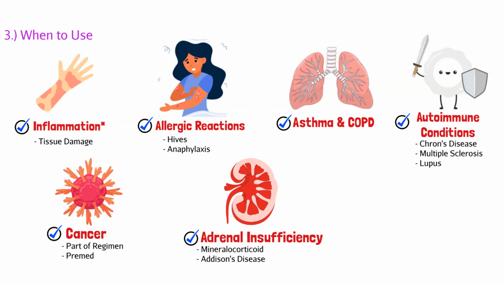This is when we use the mineralocorticoids, and the biggest reason is Addison's disease, which is basically the kidney not being able to filter in and out and balance electrolytes properly. So we would use a mineralocorticoid to help the body regulate that electrolyte and fluid balance. And there's so much more that we can't talk about because I could spend another 2 hours just rambling off. But just understand that glucocorticoids have a lot of uses, right?